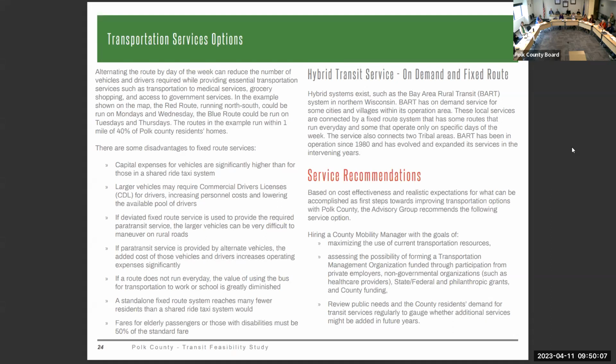And fares on fixed route must be discounted for disabled and elderly people by at least 50% off of what the full open fare is. There's some caveats around that.